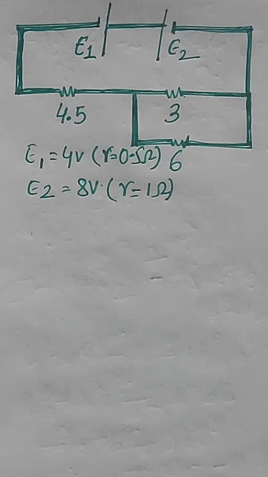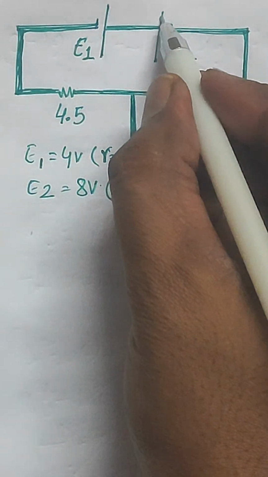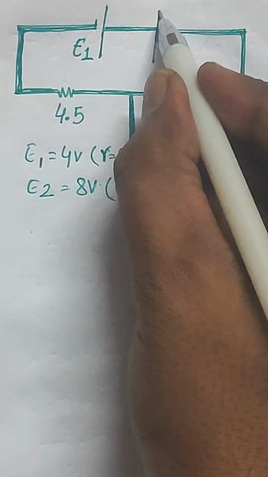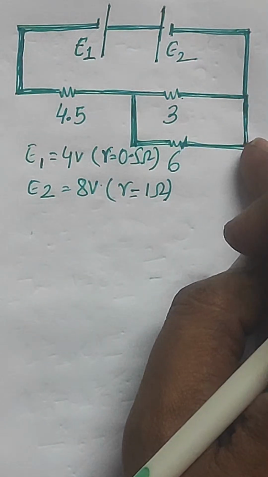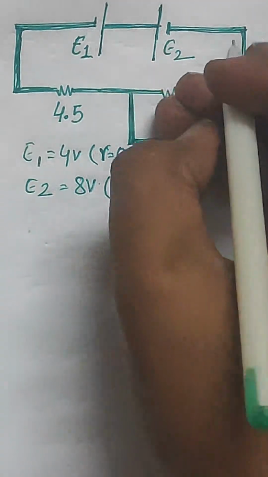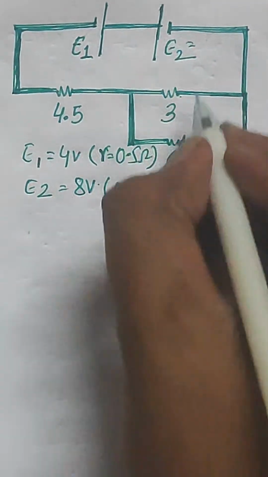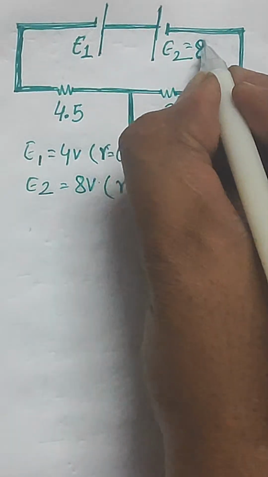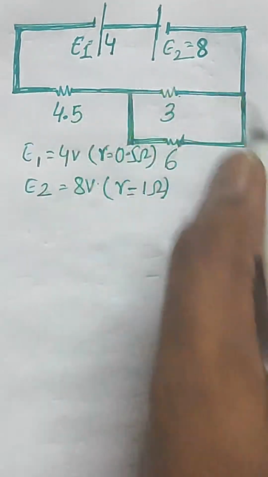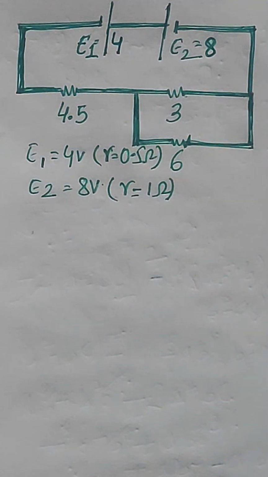So here you can see this is the condition of the battery. E2 is 8 volt, and E1 is 4 volt. Current flows from plus to minus.